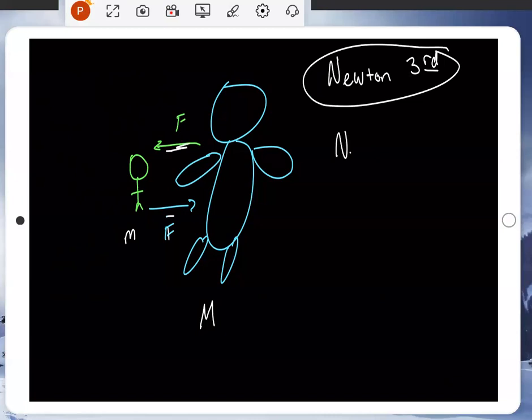But now Newton's second law says, okay, well, F net, or the total force, or just big F, I'm going to use that because that's what I'm using in my problem, is equal to ma. And it is net. That is an important part. And this equation tells us why the little guy goes flying in a heap and this guy didn't even notice.